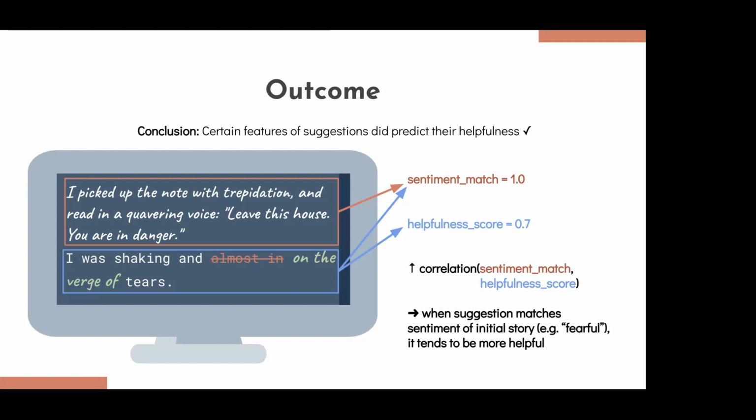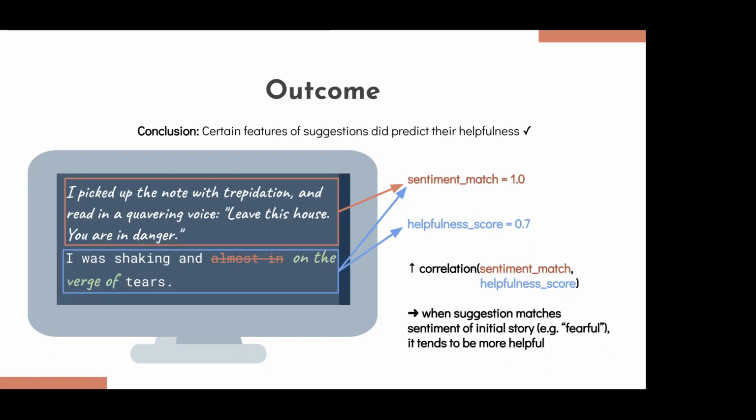And that's what we did here, where we ran the sentiment model on the initial story. In this example, the initial story before the user made the help request was, "I picked up the note with trepidation and read in a quavering voice, leave this house, you are in danger." So we looked at how the predicted sentiment of that initial story relates to the predicted sentiment of the suggestion. And here the suggestion was, "I was shaking and almost in tears."